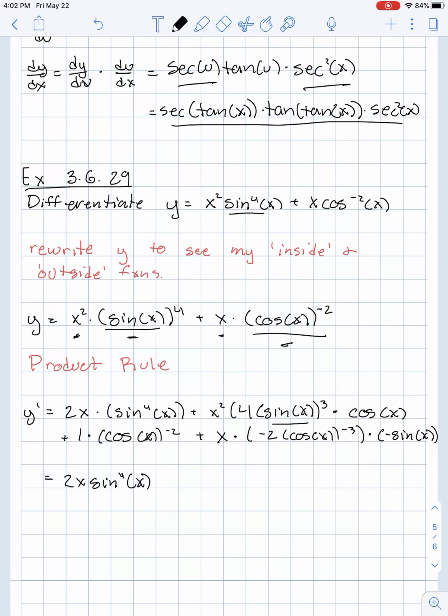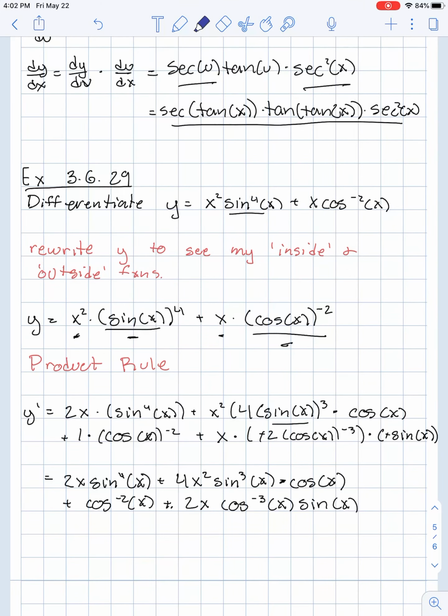Now we're going to just simplify a little bit. So I got 2x sine to the fourth x plus 4x squared sine cubed x times cosine x plus cosine to the negative 2x plus, oh yeah, plus, because this negative 2 and this negative sign cancel out, so we just get 2x cosine to the negative 3x sine of x.